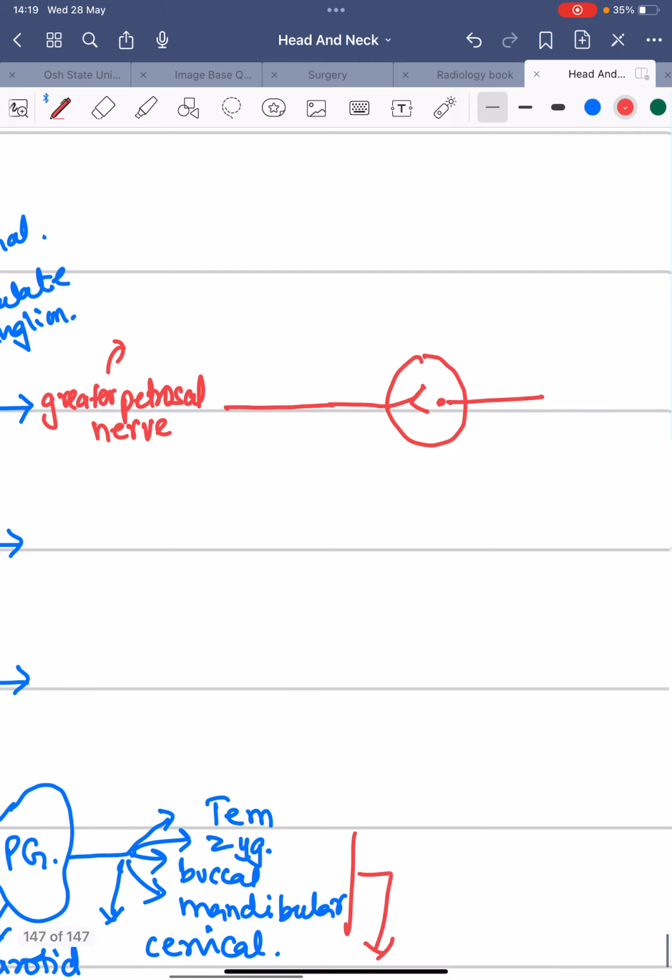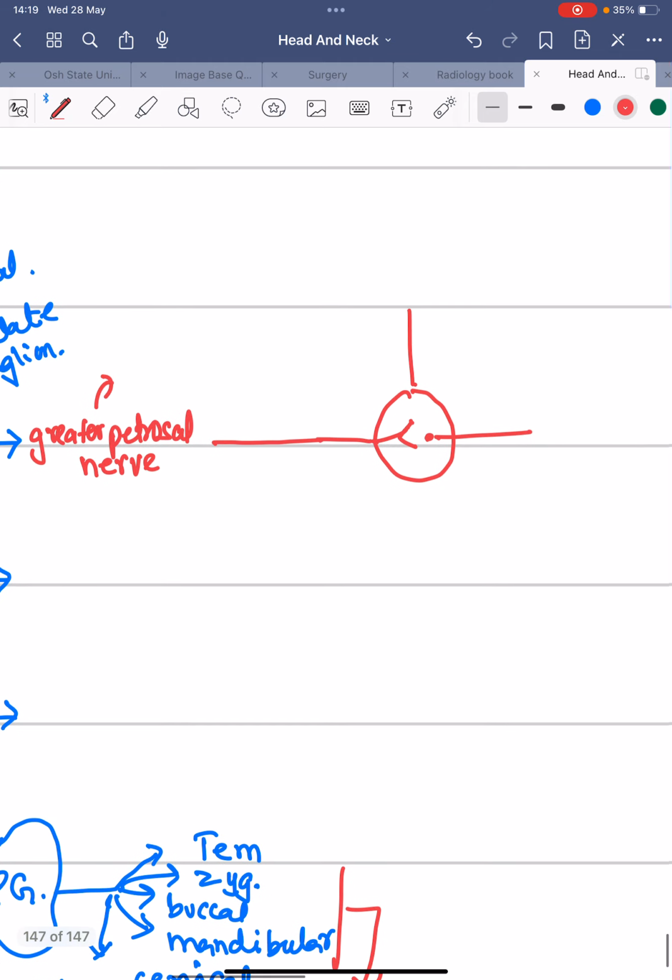This ganglion is known as what? This ganglion is known as the pterygopalatine ganglion.